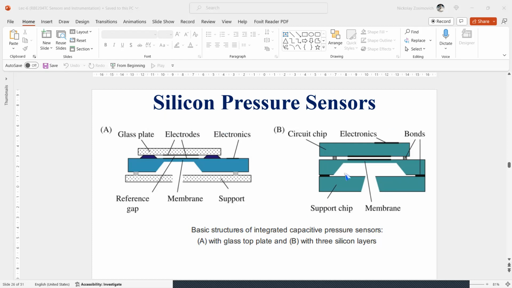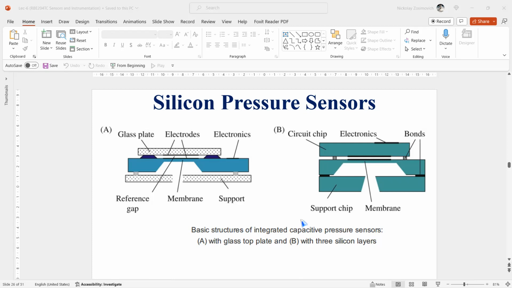In the next configuration, B, the electronics and the membrane are made from separate wafers to enhance technological freedom. The processes for etching membranes and deposition of electronic circuitry are not fully compatible.